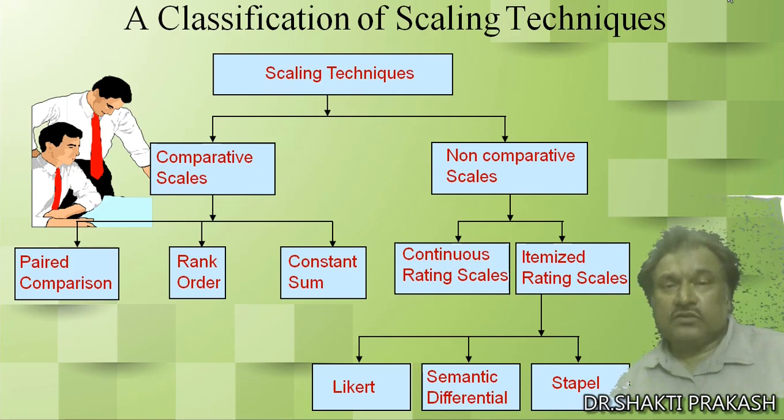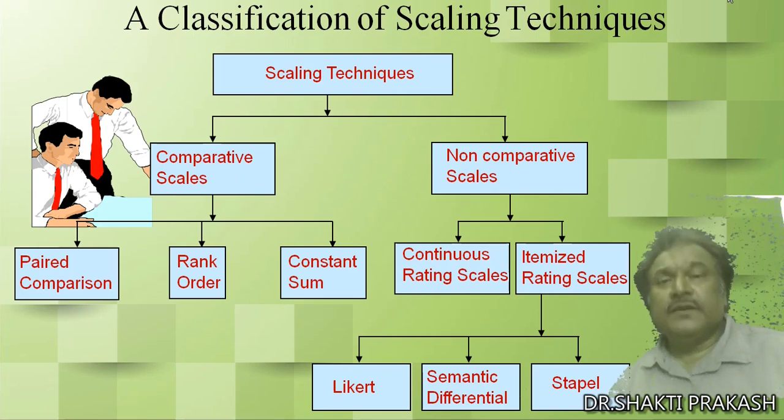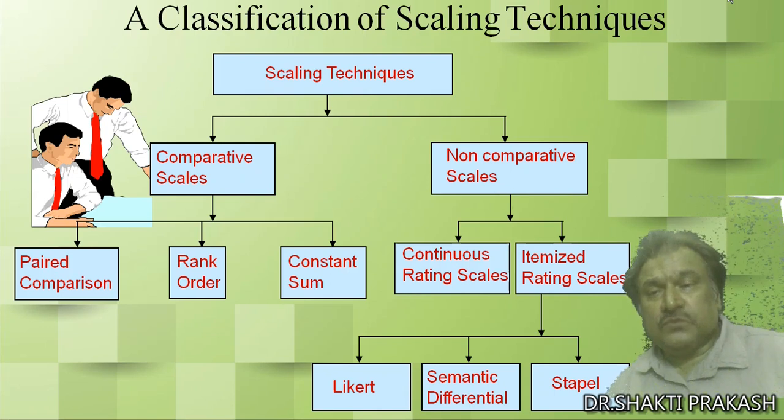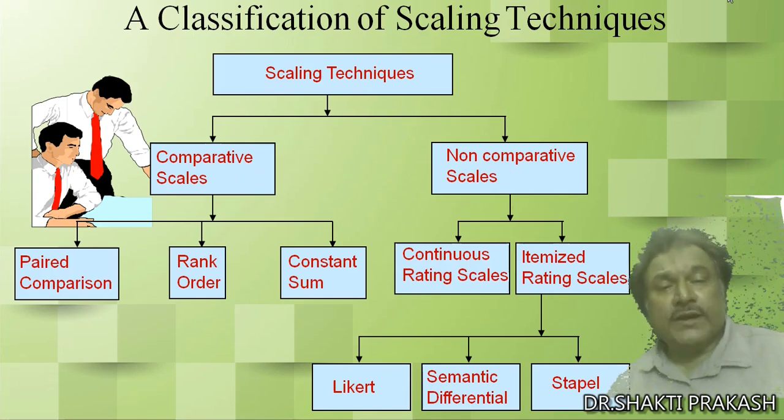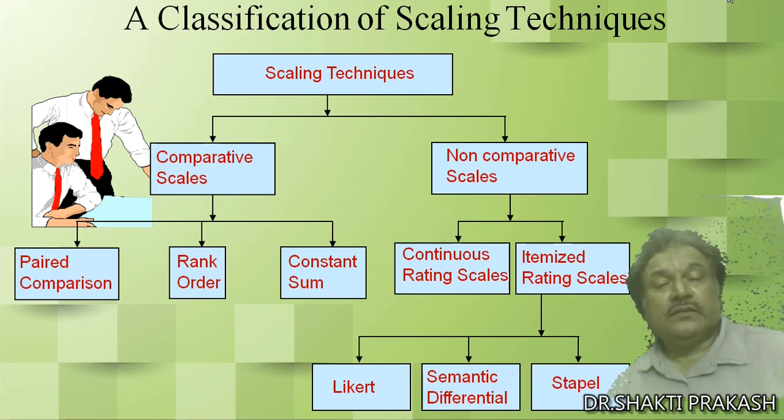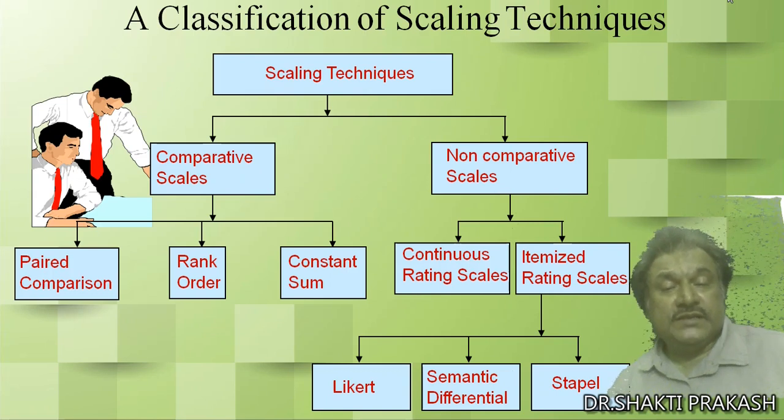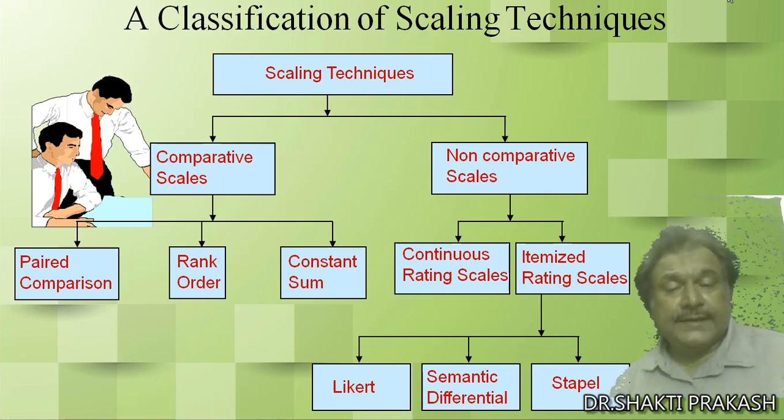The classification of scaling techniques is divided into comparative scales and non-comparative scales. Comparative scales include paired comparison, rank order, and constant sum scales. Non-comparative scales are considered in two parts: continuous rating scales and itemized rating scales.